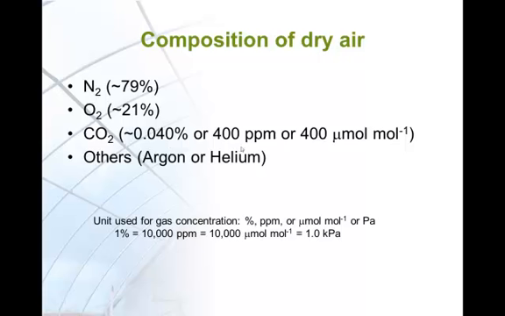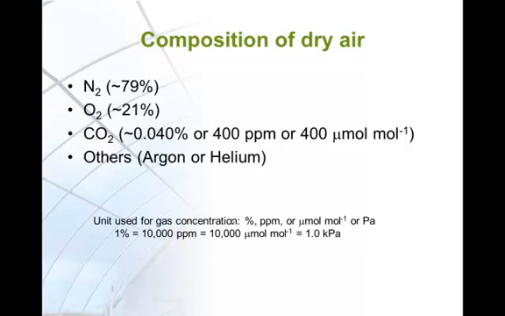0.040%. And parts per million is the same as micromole per mole, which is the unit utilized in scientific journals and scientific reports. And some other minor gases are included in the dry air. So speaking about the unit, percent, ppm, micromole per mole, or Pascal are the units used for gas concentration.